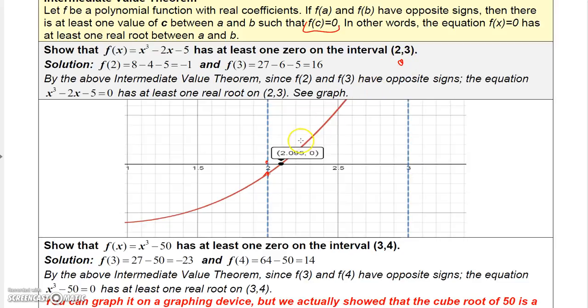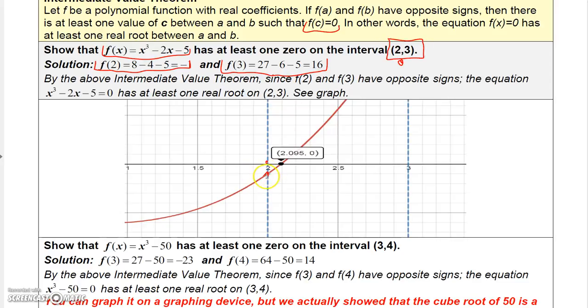Well, if that's the case for a polynomial function, then you know that somewhere between 2 and 3 there's got to be a 0 or a root. Okay, so here's a function. f of 2 is a negative number, negative 1, and f of 3 is a positive number, 16. So that tells me that this polynomial has to have at least one 0 between the numbers 2 and 3.